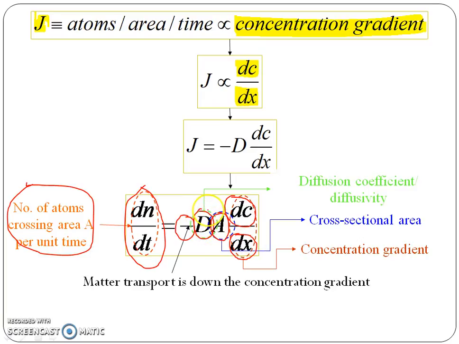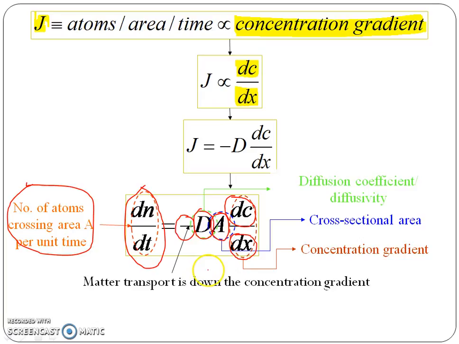Now this D term is called the diffusion coefficient, or simply, which is popularly known as diffusivity. So this is known to us, capital D is the diffusivity.